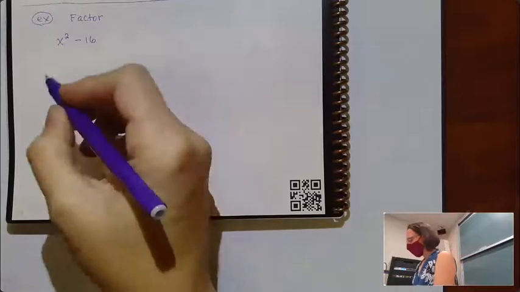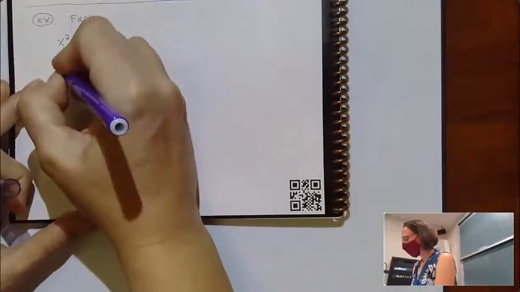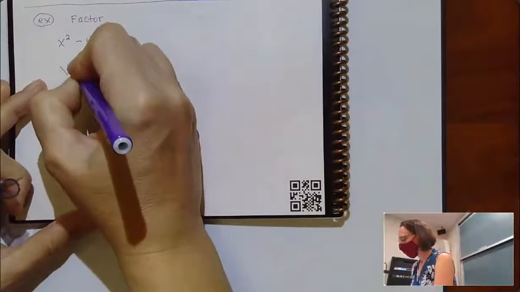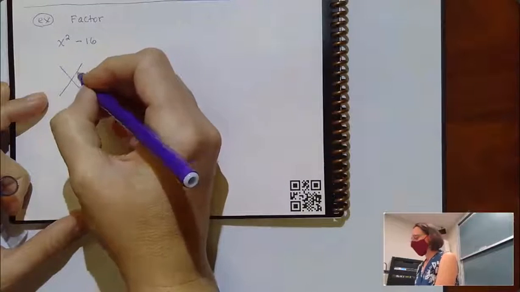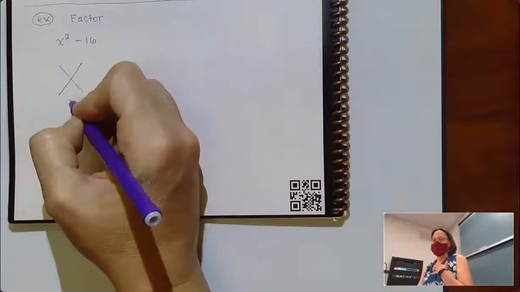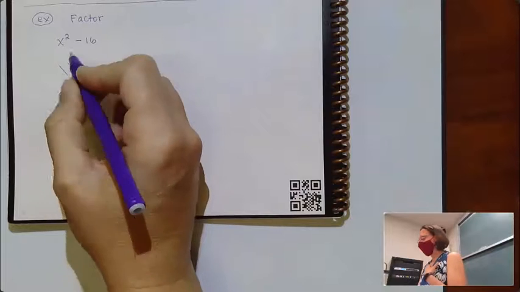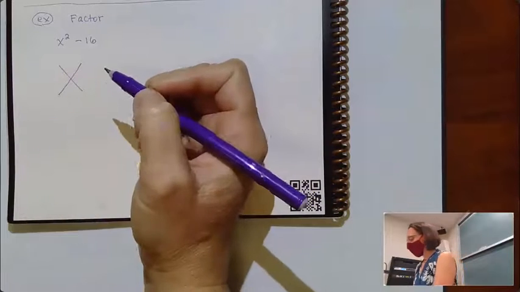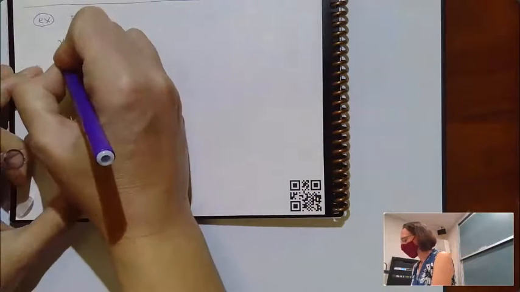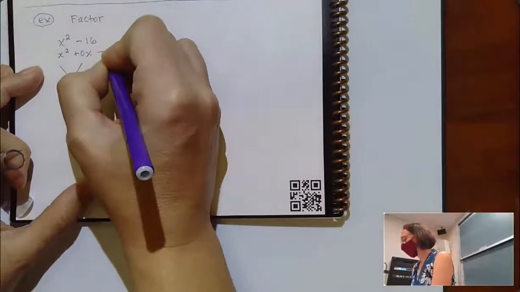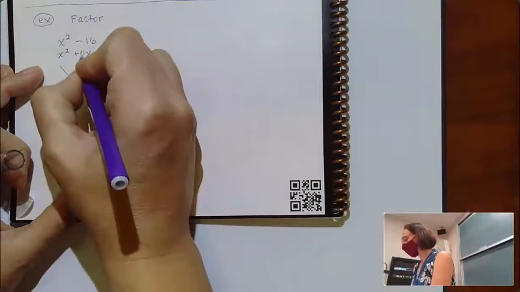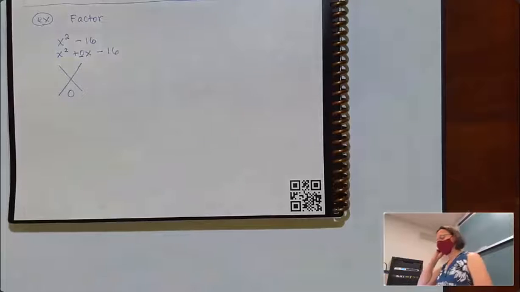So if I were doing this with, let's go X style here. When we do the X, the number that I put on the bottom is the coefficient of the X term. But that means that I really need to see this as x squared plus 0x minus 16, because I need to have that 0 there.